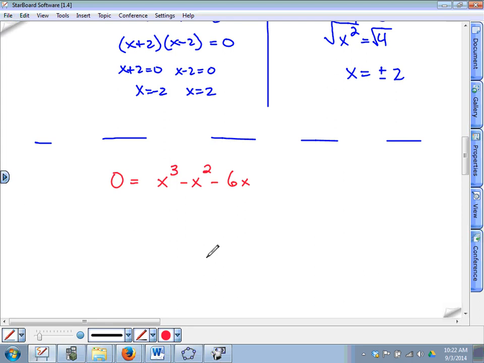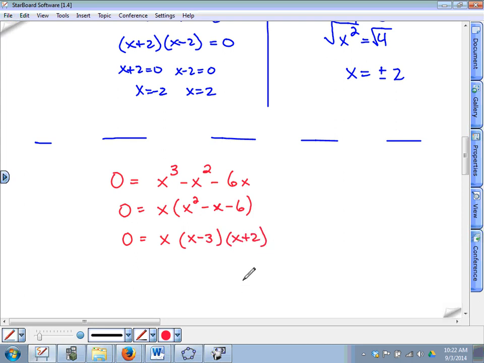Why not? What can we do? You can factor out an x, right? That's going to leave you with x squared minus x minus 6. And then to finish this off, we factor the x squared minus x minus 6. That factors into x minus 3 times x plus 2.